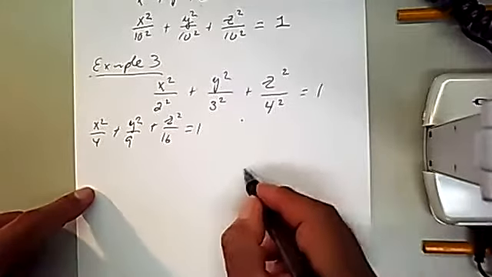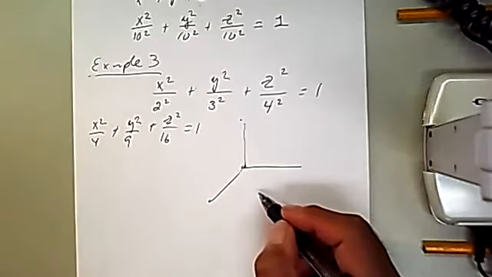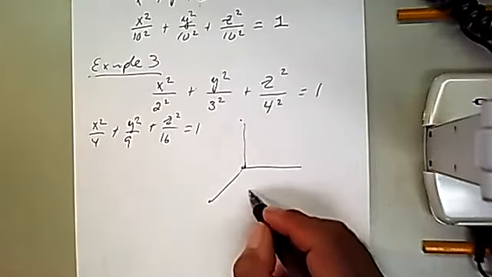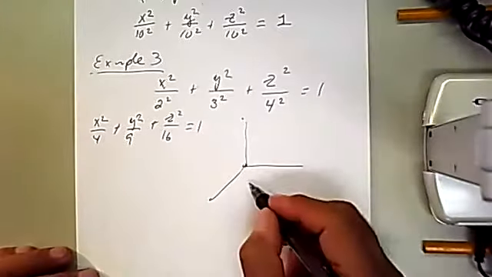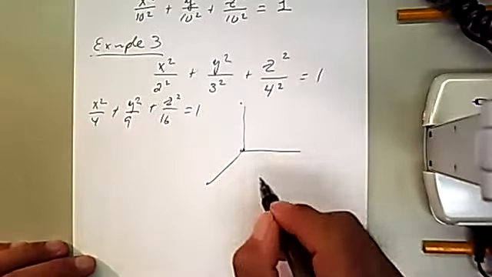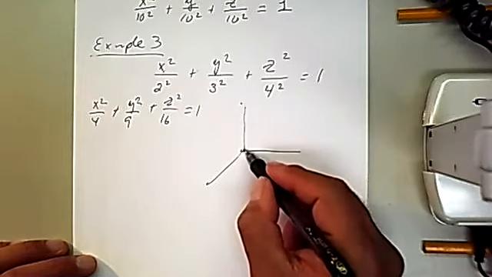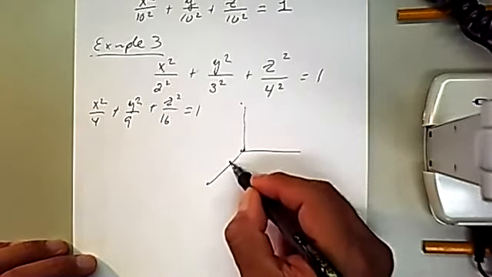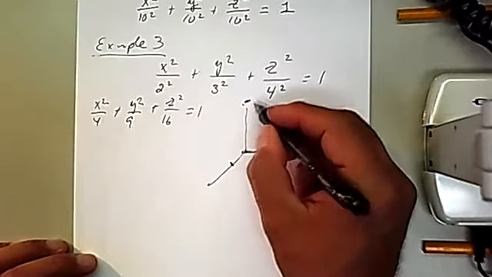So when we draw a picture of this, we don't have a ball. We have a sort of a ball. We have something that is like an egg, except that it is a little more symmetric than an egg. An egg is not totally symmetric. And the x can only go up to 2, the y can go only up to 3, the z can go up to 4.